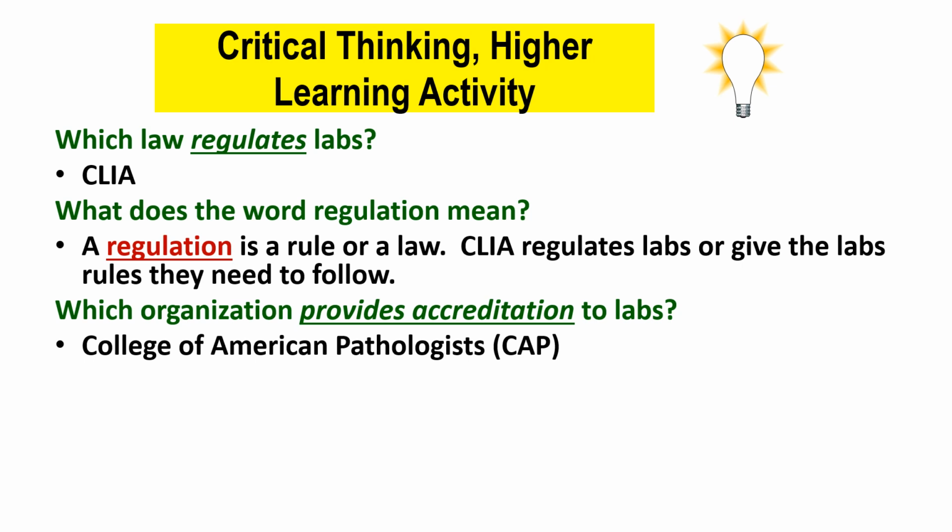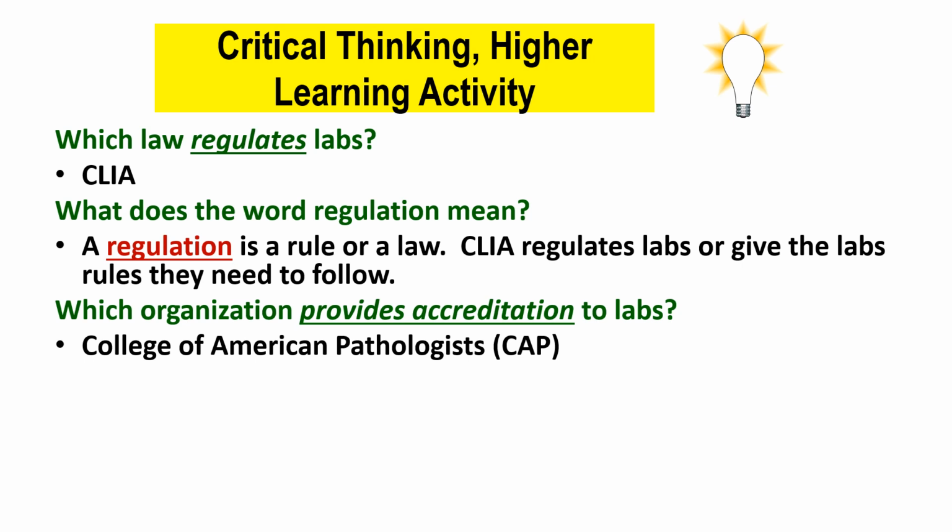I know there's a lot out there, guys, but you have to start figuring out what is what. The main thing you need to remember is CLIA is the law, right? Okay? Remember, a regulation is a rule or a law. And remember, CLIA regulates labs or gives the labs the rules that they need to follow.